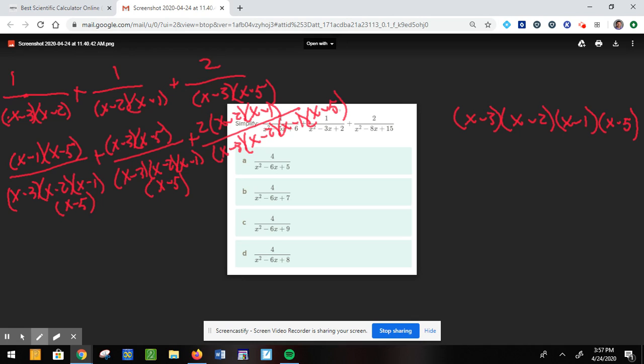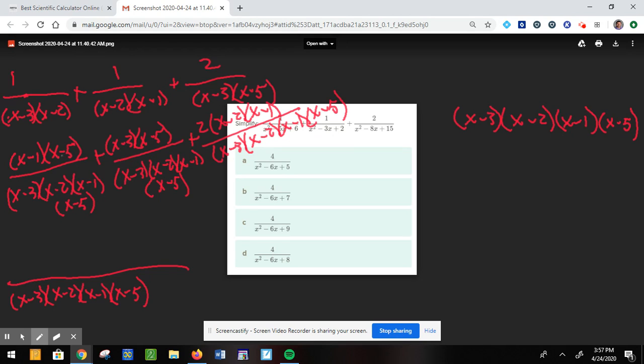Okay. So now you're just going to basically simplify. The first one, I'm going to put this over one big fraction now, because the fact that we made it a common denominator means now it's going to be one fraction. The denominator is going to be that common denominator, x minus 3 times x minus 2 times x minus 1 times x minus 5.